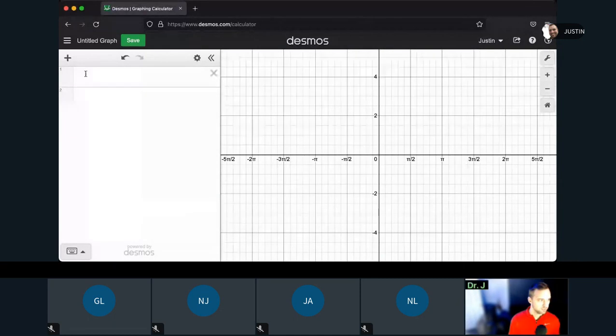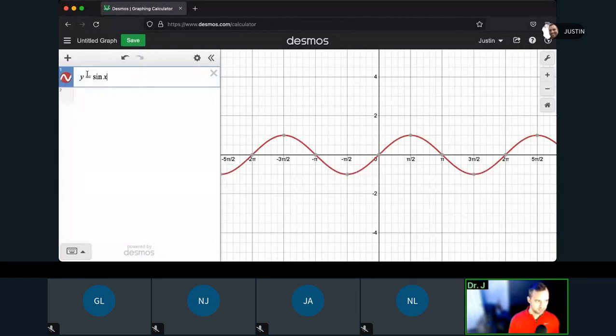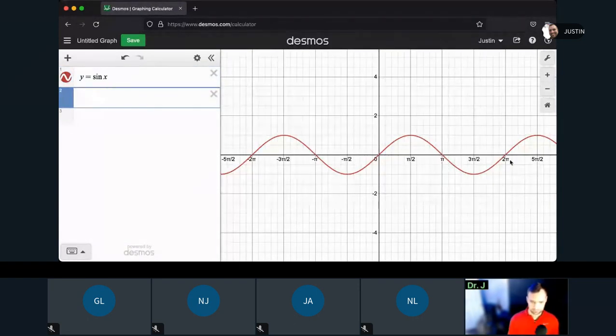So we'll type in y equals sine of x and then hit enter. And you can look at your unit circle and also look at this to see how they're very related.